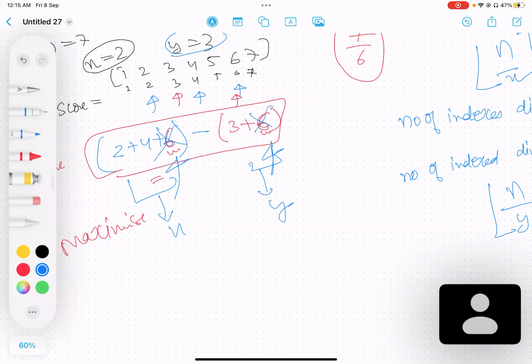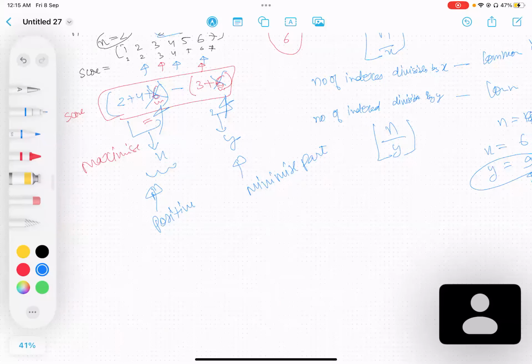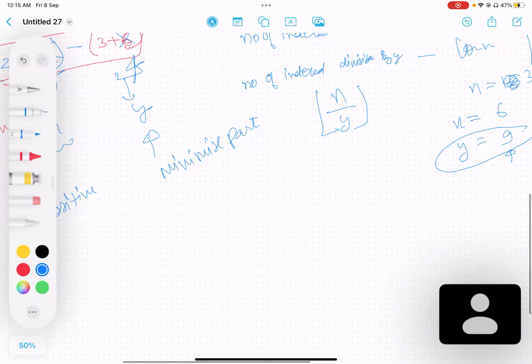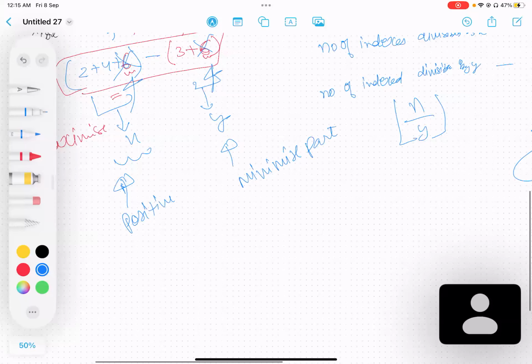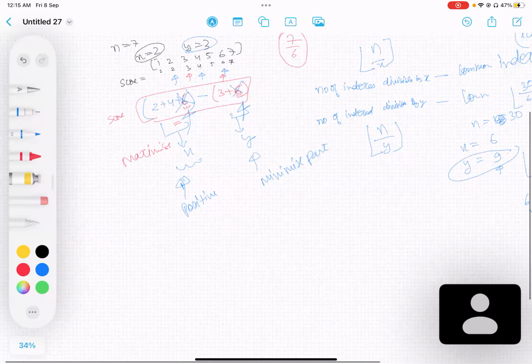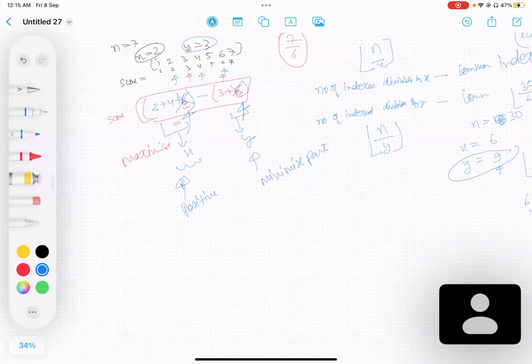Now we want to maximize this overall sum. So if we want to maximize the overall sum, we will want to maximize this positive part, and we will want to minimize this negative part, right? You have a permutation, and you need to arrange those elements in such a manner that the difference is maximum, right?